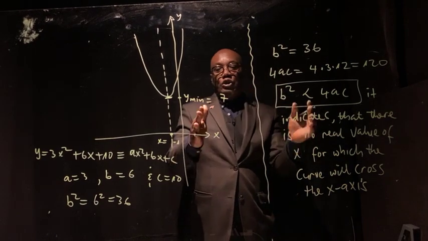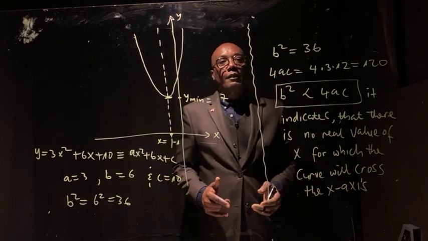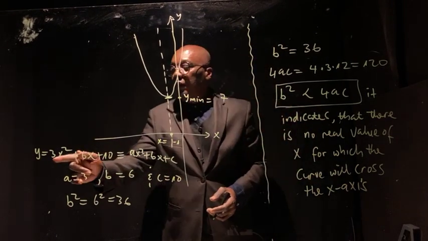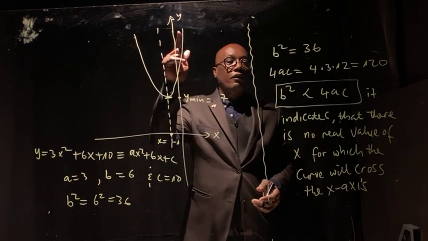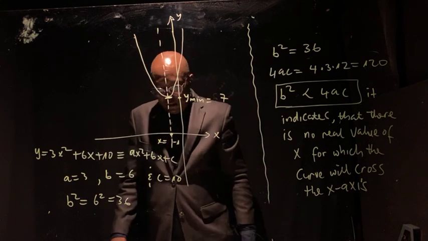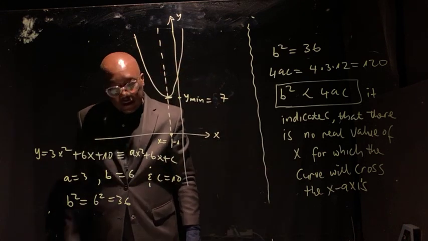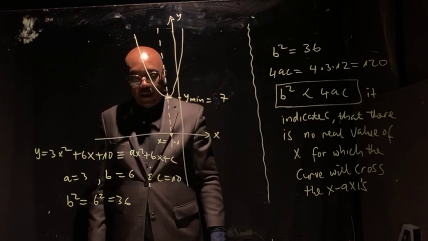So this is also another way to say that, in fact, the equation y equals 3x squared plus 6x plus 10 is always above the x-axis. Then we are done with that part of the question, the last part.